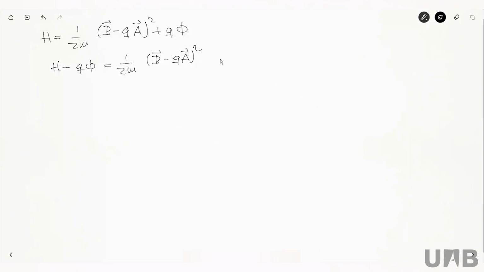And now let us compare this with the Hamiltonian that I would have in the limit in which the electric charge would be 0. So if I set Q to 0, I would find H equals 1 over 2m P squared. Obviously, because if I set the electric charge to 0, then the system becomes free. There is no interaction with any field anymore, because without a charge, there is no electromagnetic interaction.